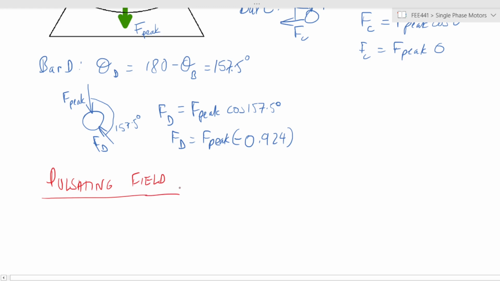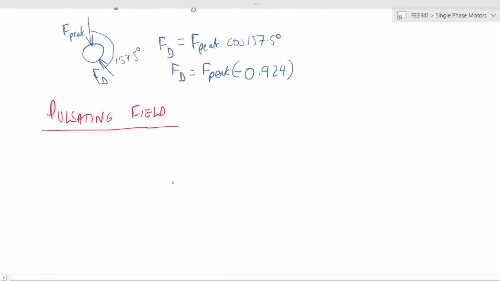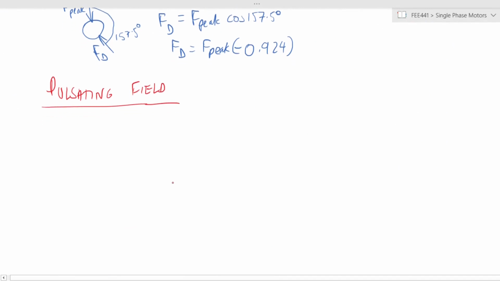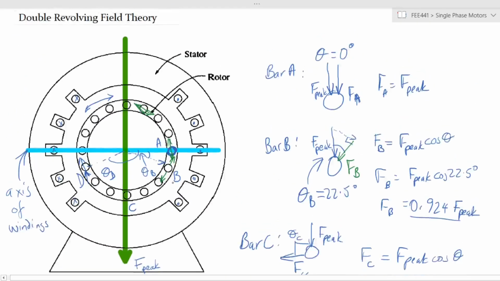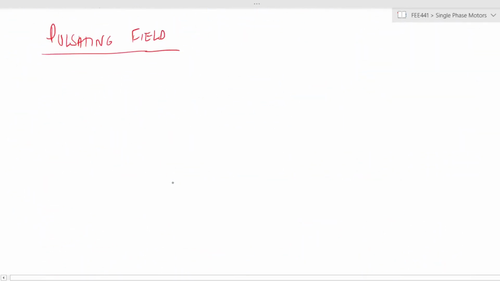We will have the magnitude of the field or the magnitude of the force changing with time, but we will not have the direction changing. So it will either act upwards or downwards with changes in time, right?